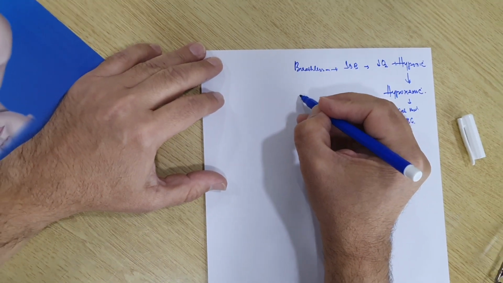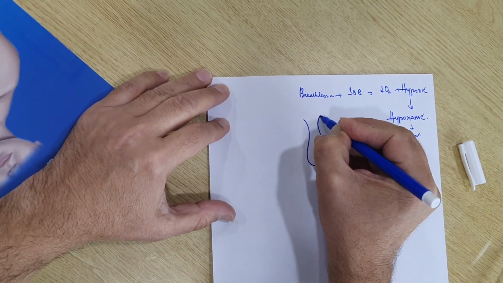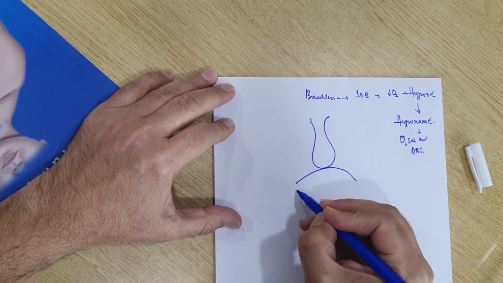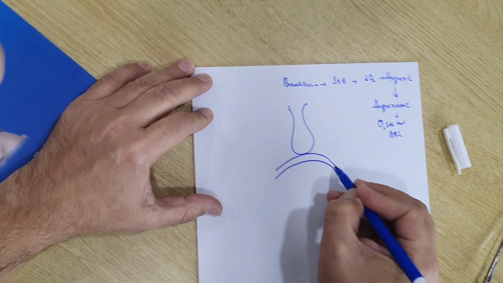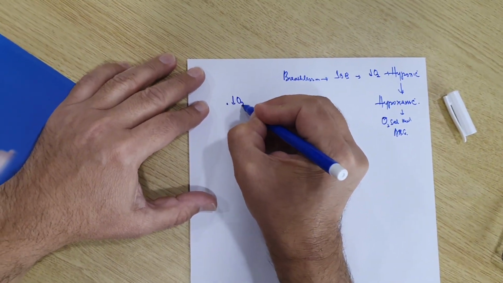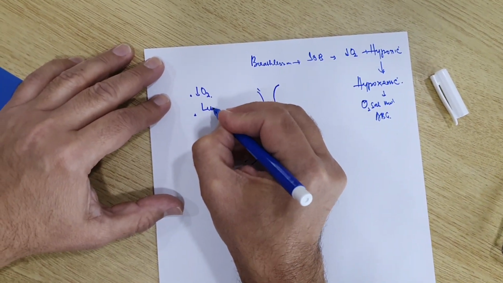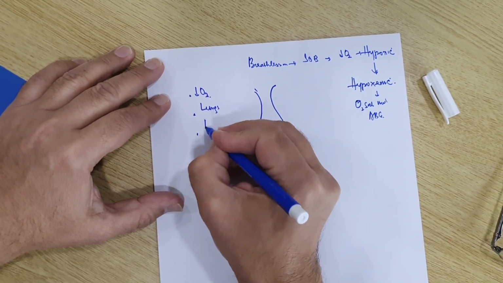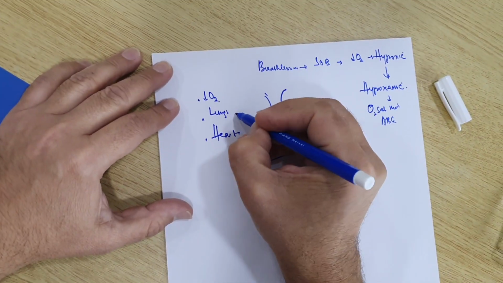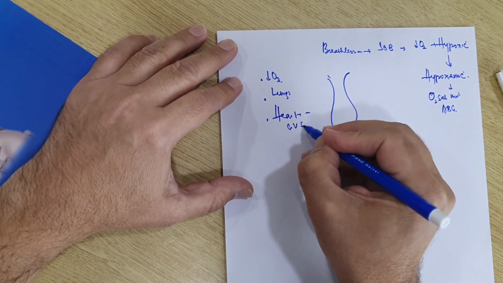The way to assess these patients is with this diagram. Breathlessness can be because of low oxygen level, because of a problem in the lungs, or a problem in the heart. When I say the problem in the heart, I basically mean the cardiovascular system.